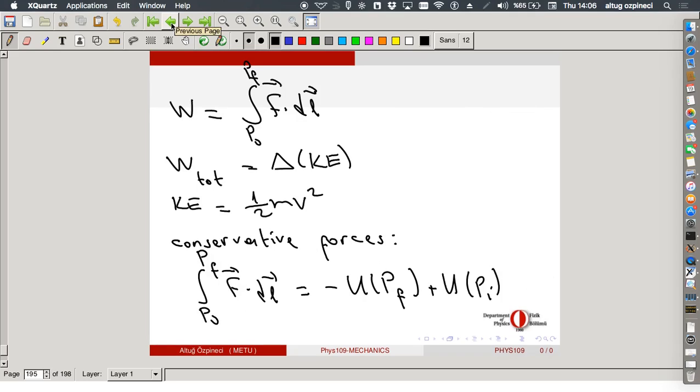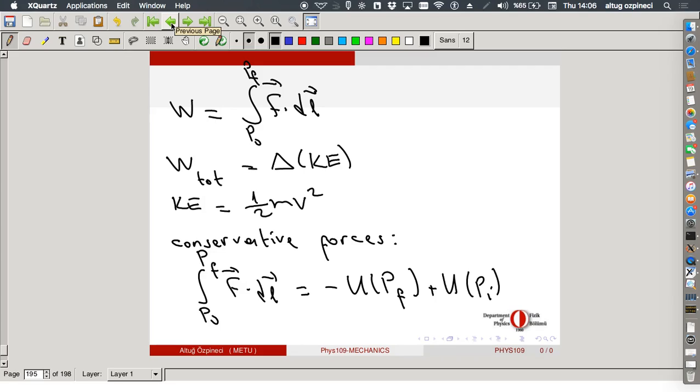And why can we just change that constant? Mainly because of this definition of the potential energy. You see, the only thing we can measure is the work done by the force. If we know the force, we can calculate the work done by the force. This is the only measurable quantity. This quantity is the difference of the potential energy at 2 points.